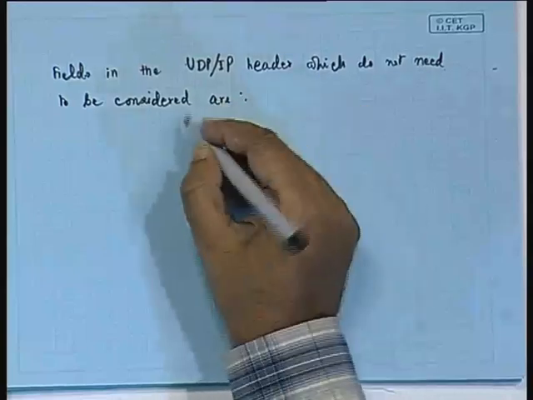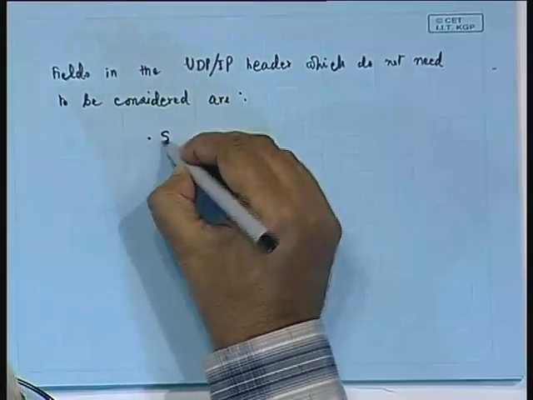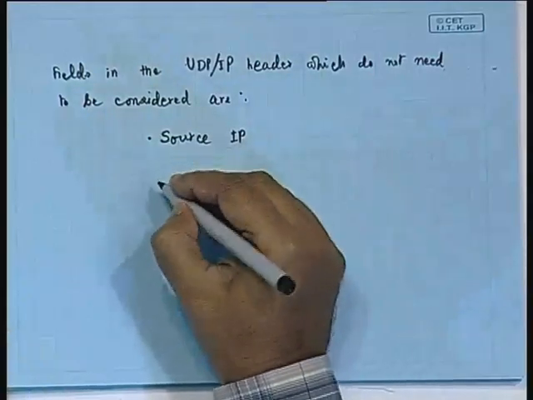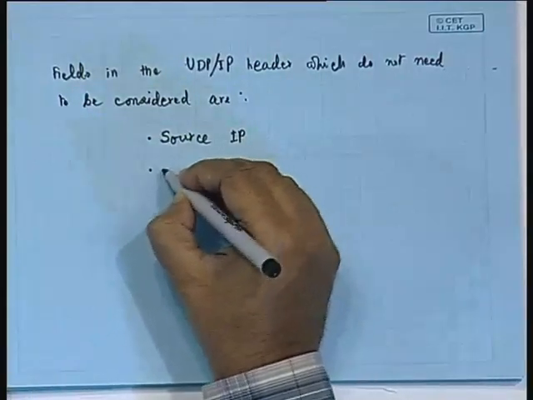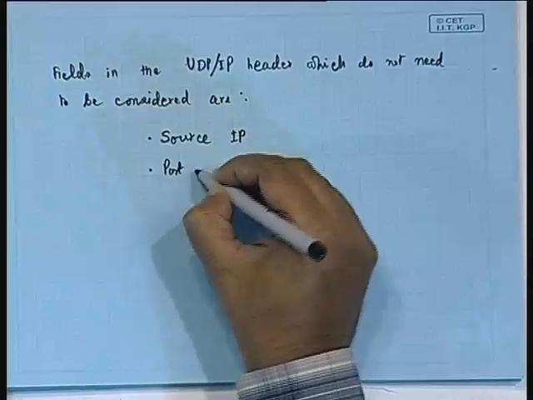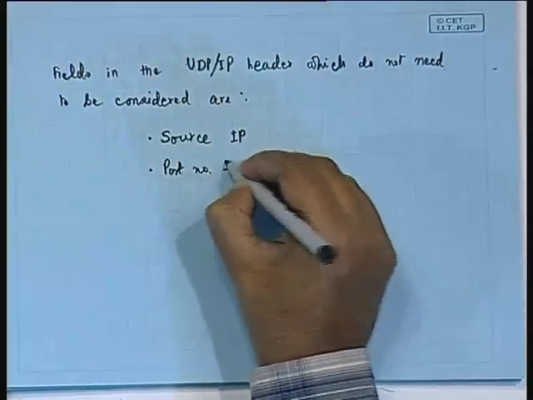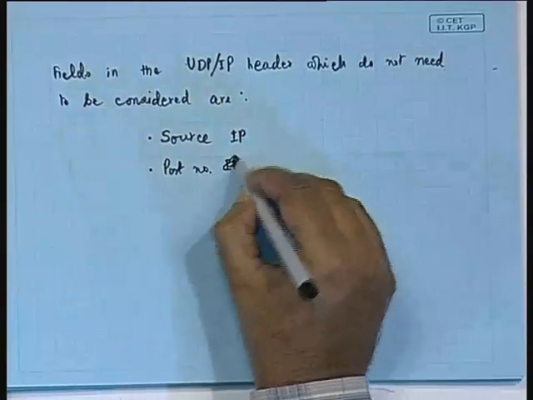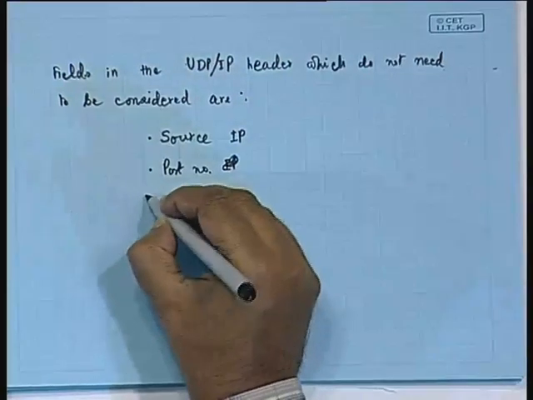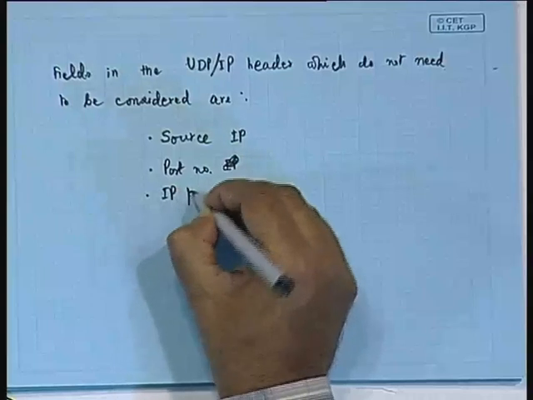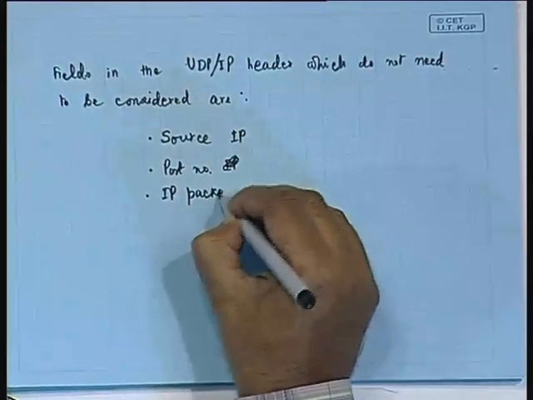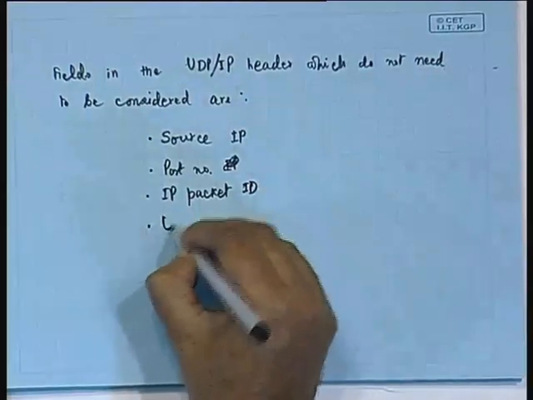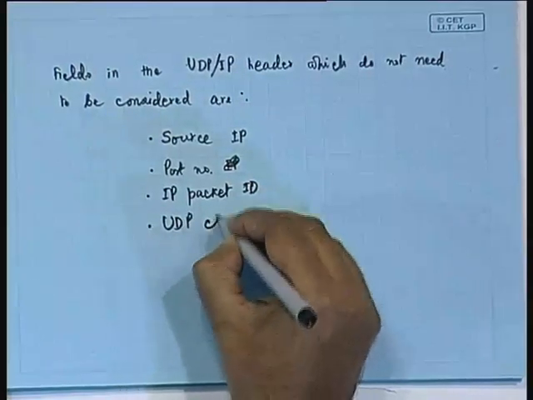These are the source IP, then the port number, then the IP packet ID, and then the UDP checksum.